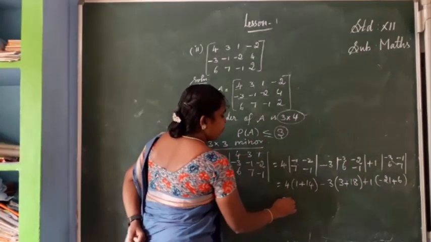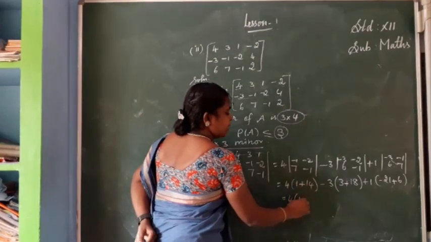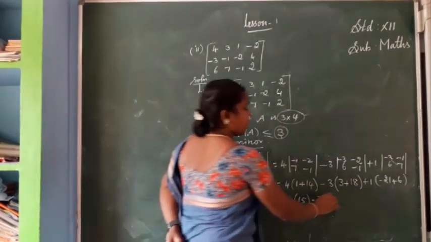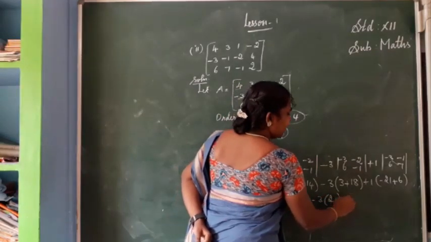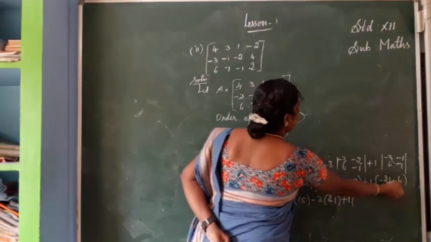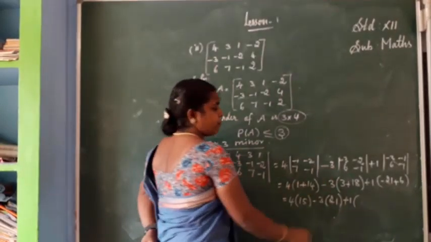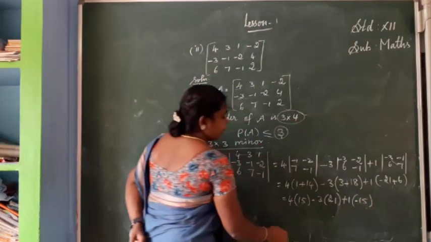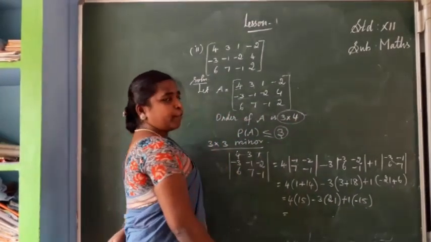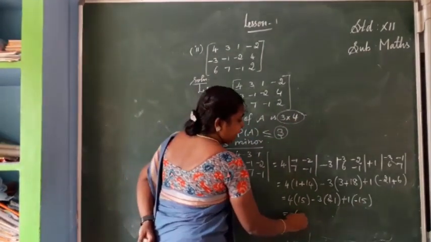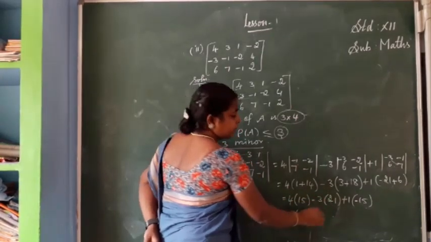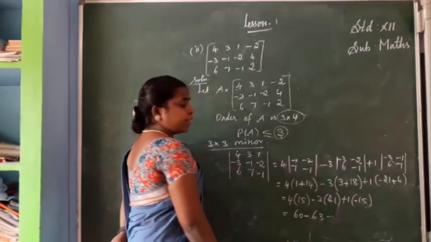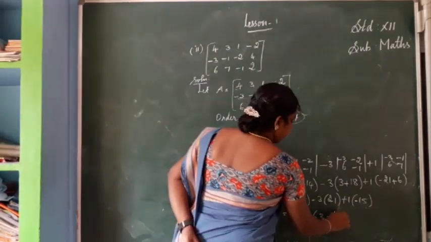Next 4 into 1 plus 14 is 15, minus 3 into 3 plus 18 is 21, plus 1 into minus 21 plus 6, which is negative, so 21 minus 6 is 15. Now we multiply 4 into 15, 4 fifteens are 60, minus 3 into 21 is 63, minus 1 into minus 15, so minus 15.